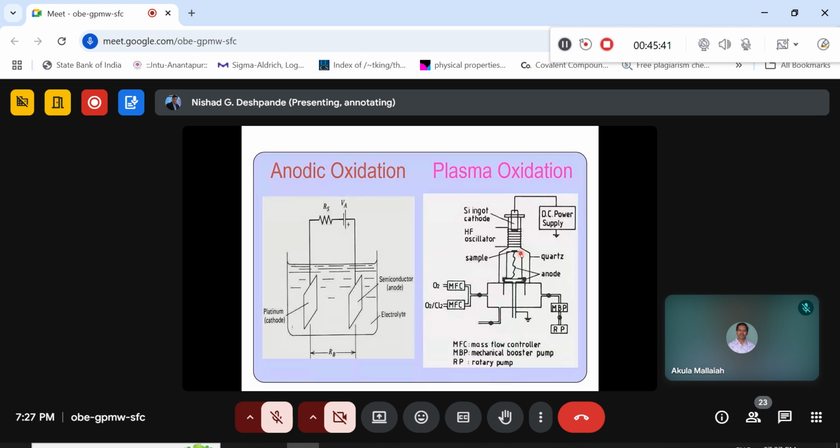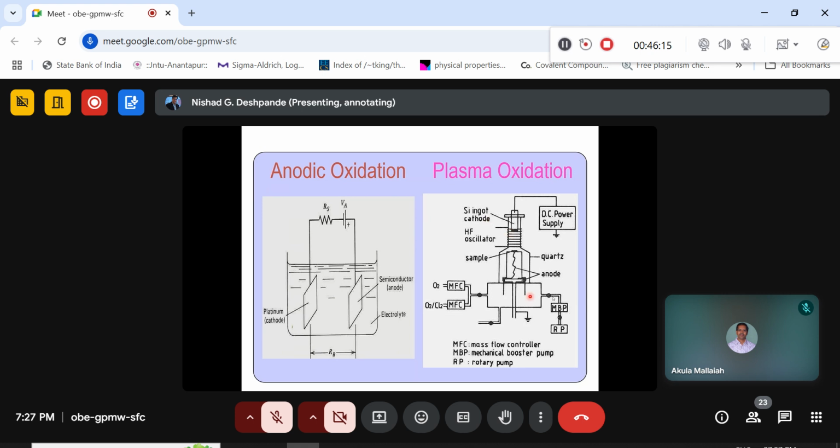Of course, whenever you want to remove some surfaces, I mean etch out some surfaces, this technique is very much useful. So plasma etching is a very important technique. Either you have a plasma oxidation process taking place through this method, or else one can have a very good etching of the surface using plasma techniques.